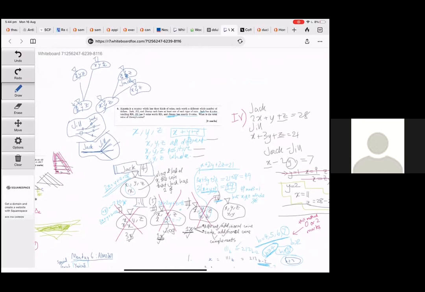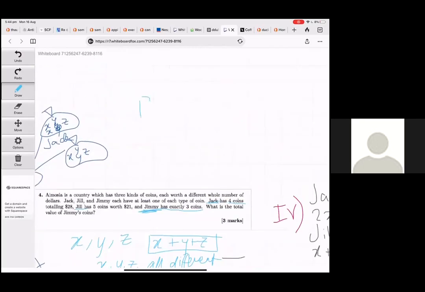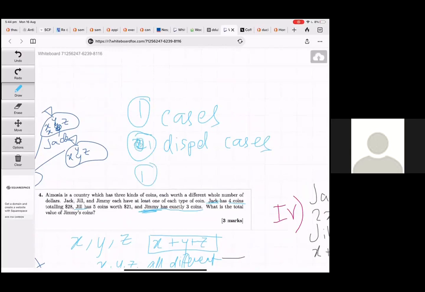As for the marking scheme, you were awarded 1 mark for identifying the cases, 1 mark for eliminating the cases, or finding some sort of contradiction, at least in some of the cases, and your final mark was for the final answer. Of course, if you just wrote out the final answer, you'd get full marks as well.